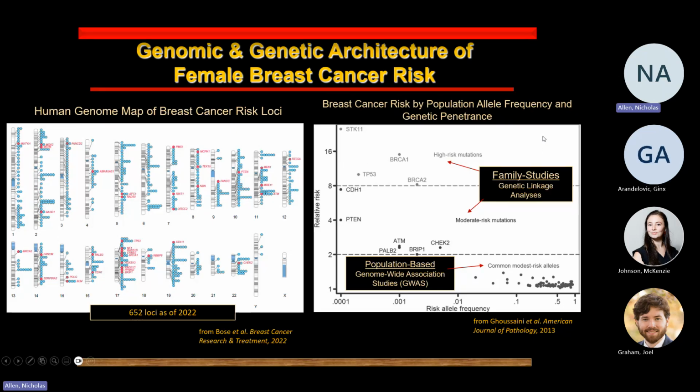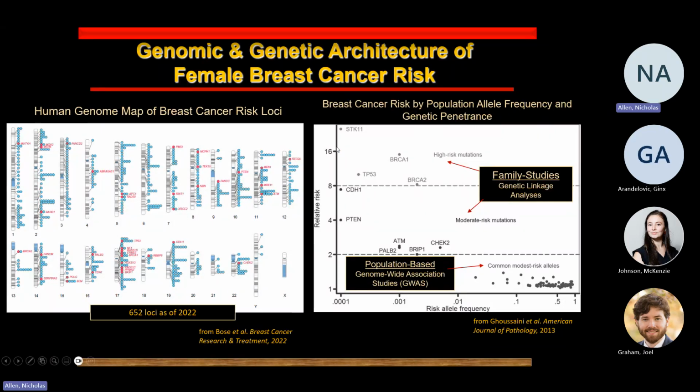And over here on this graph, this is a little older, but I like how it displays things. It gives you a general idea of what's going on in the population. On the x-axis, we have risk allele frequency in the general population. And on the vertical, we have the relative risk.